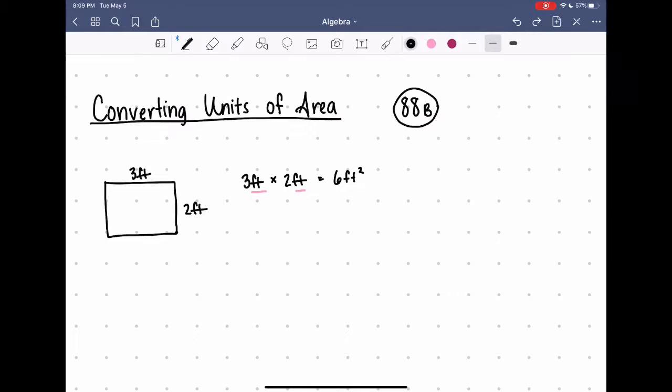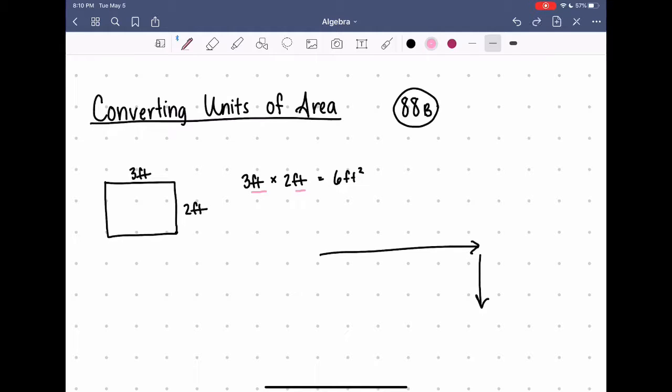If a rectangle was just 6 feet, it would just be a line. This line can be 6 feet. But the area of a rectangle is showing the length and the width. I have 2 dimensions in a rectangle, so my unit has to have 2 dimensions to it. It has to be squared. So this is really integral to understanding converting units of area.